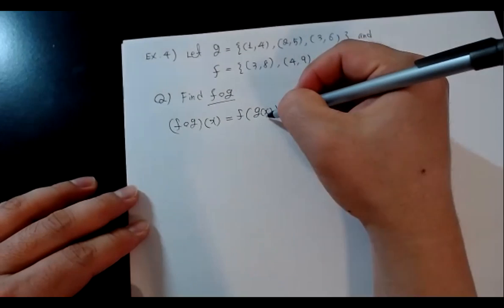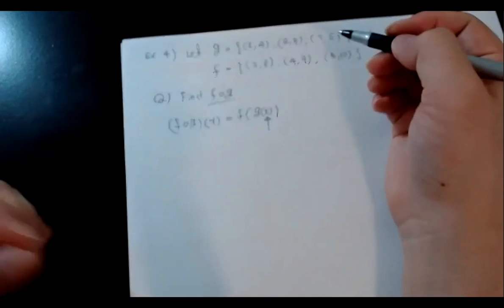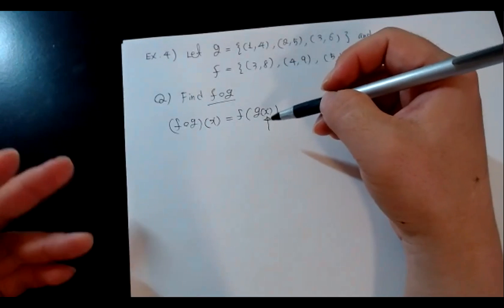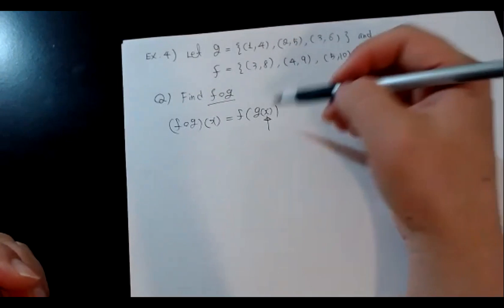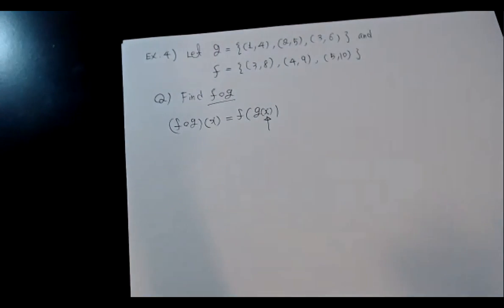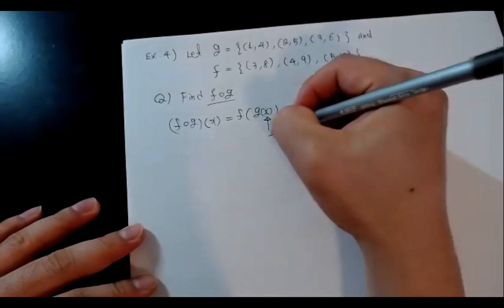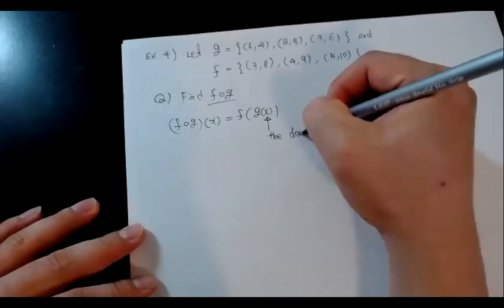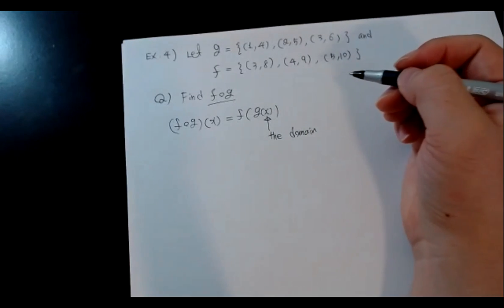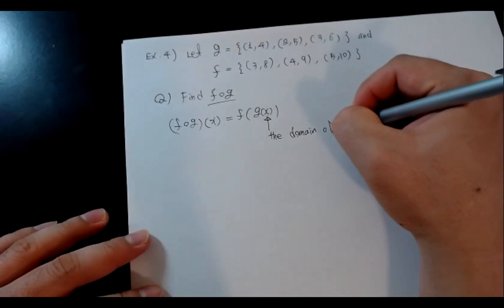Now we need to figure out what number we have to plug into x. This x should be a number in the domain of g, so we have to choose the x value from the domain of function g.